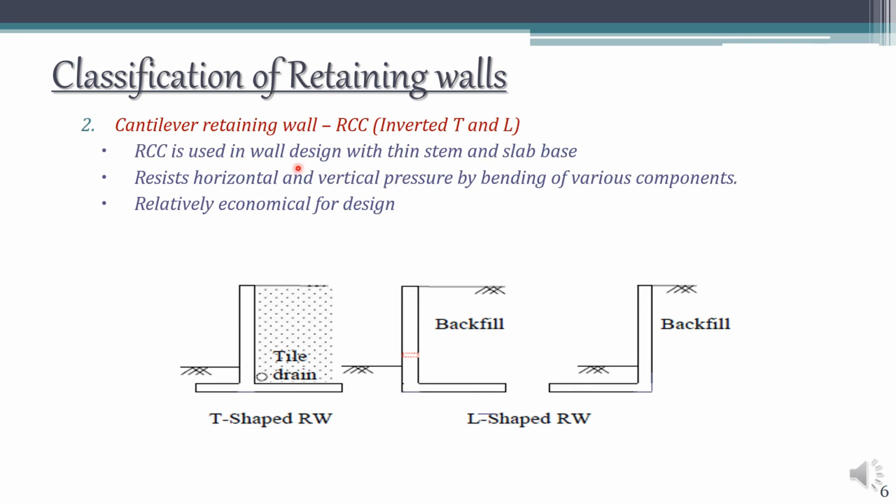Here the horizontal and vertical pressure is resisted by bending of different components. As I told, there is stem, heel and toe. This can be seen to be very slender compared to the previous gravity structures, and hence it is going to be more economical.